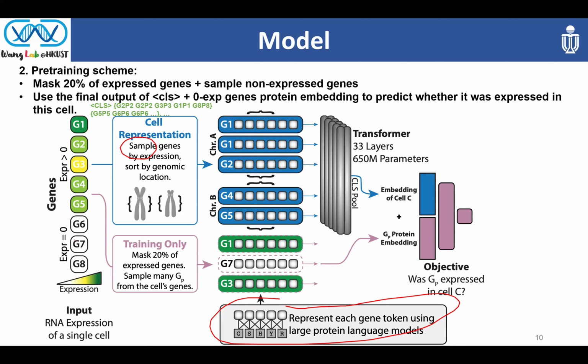I think it's a very normal idea. Unlike normal BERT, which masks some genes and predicts them based on the nearby genes, they just predict in this cell whether gene P is expressed. I think it's very normal. I don't know why they can perform better, or why they propose this idea.